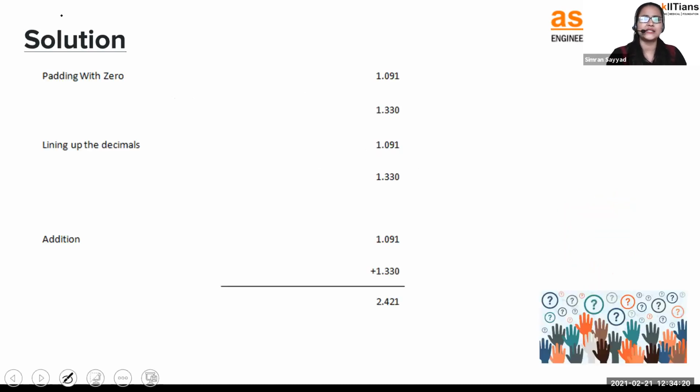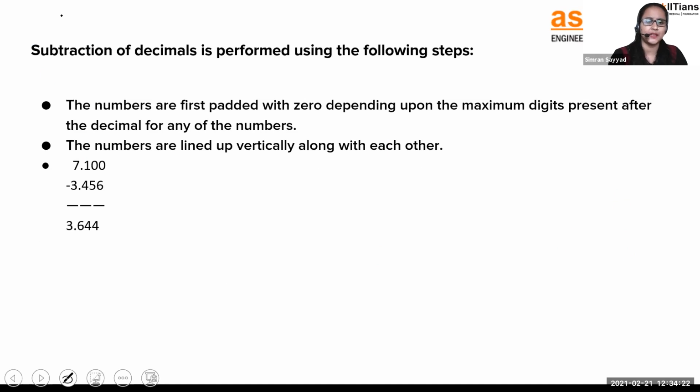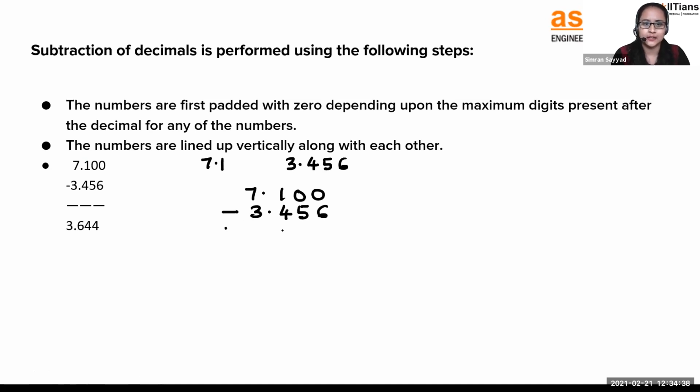Perfect. Now the same steps are followed for subtraction. So basically the number was 7.1 and the other number was 3.456. Let's do the padding. 7.100 minus 3.456. Now this is 0. You remember how to do that? Borrow.